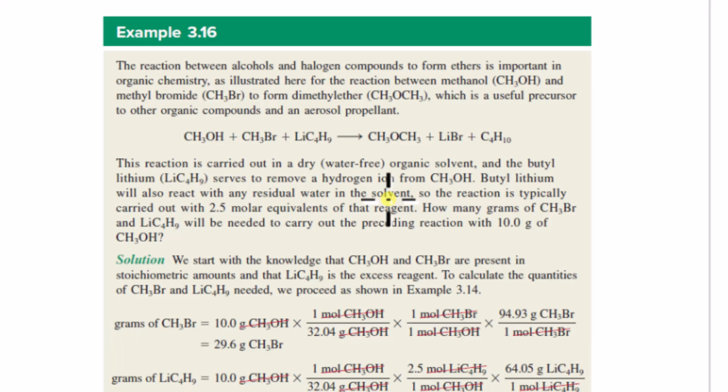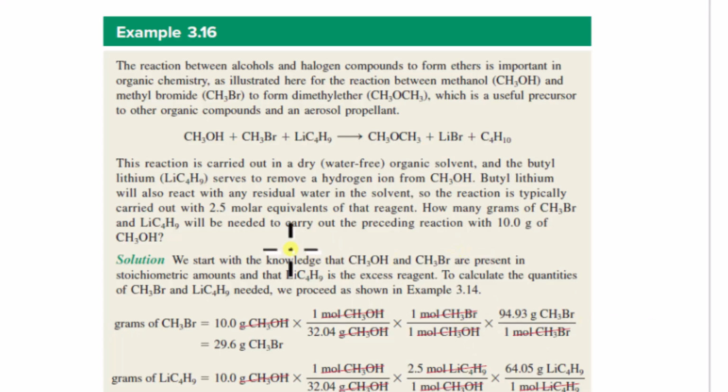So if you added the perfect stoichiometric amount of butyl lithium, then the reaction isn't going to go to completion with the corresponding stoichiometric amounts of methyl bromide and methanol, because some of that butyl lithium is going to react with the slight traces of water present. So what they do is they just add excess butyl lithium to make sure that all of the methanol and all of the methyl bromide present fully reacts.